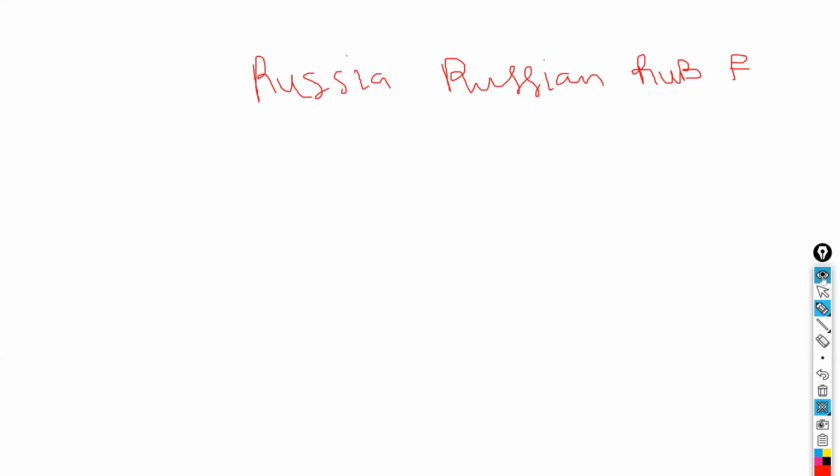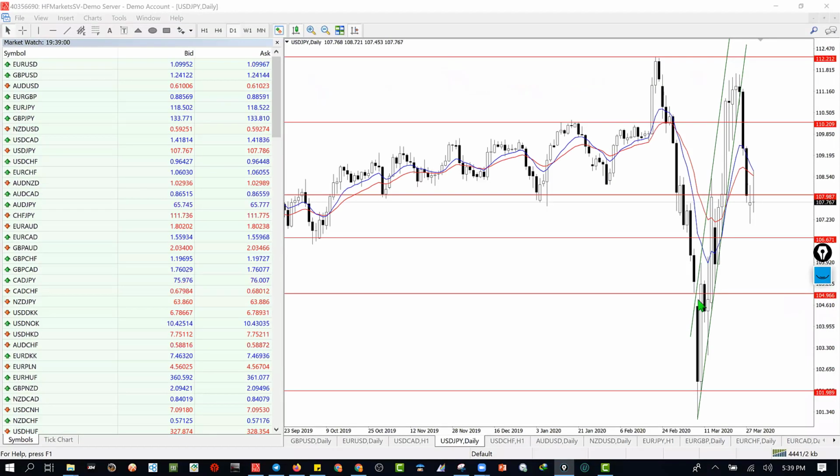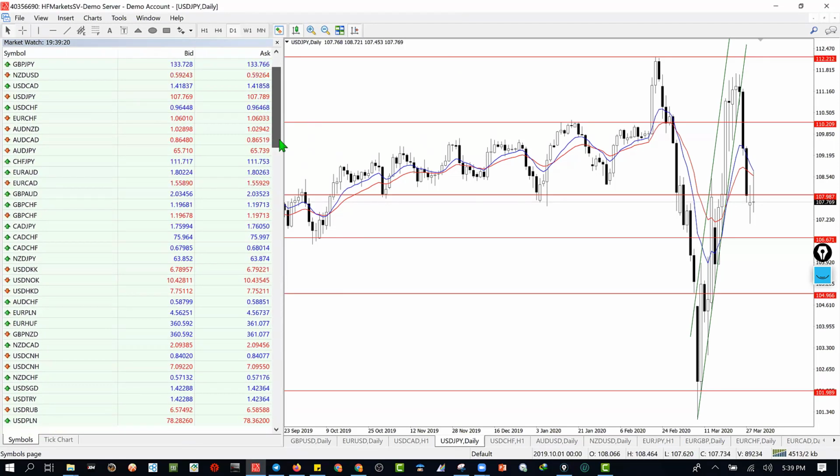Now let's show this currency pairs right here. We have the euro, British pound sterling, the AUD, the euro against the British pound sterling, the euro against the Japanese yen, the pound sterling against the Japanese yen, New Zealand, the USD against the Canadian. We have all these currencies right here.